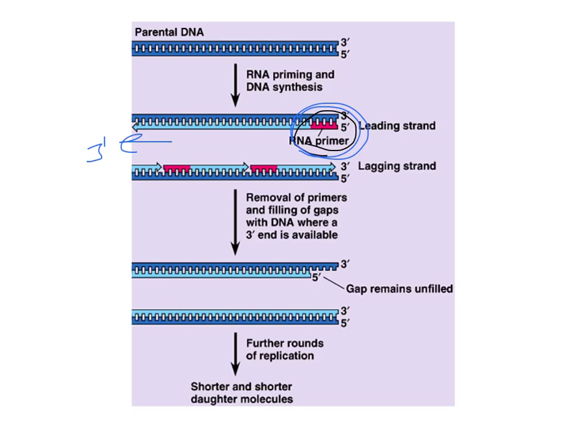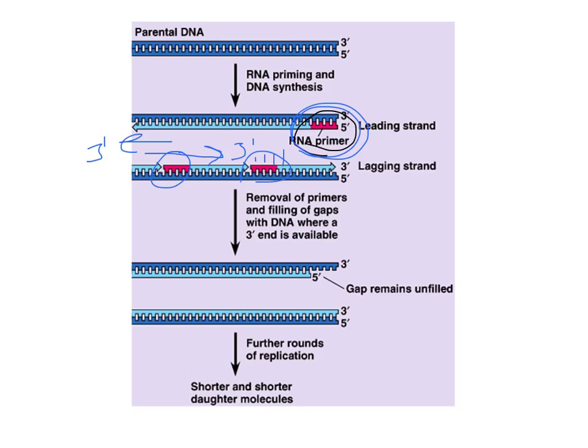Then on my lagging strand, I also have those RNA primers. I can replace these RNA primers on the lagging strand without a problem, because it's being synthesized in this direction, so I can just add on to that 3' end and replace that RNA primer.